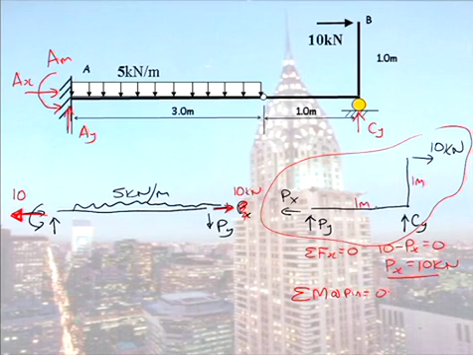So taking moments at the pin, anti-clockwise being positive, I would have minus 10 times 1 is my moment caused by my horizontal force. And my CY causes an anti-clockwise moment about the pin. So that would be plus CY times 1. And from that, CY would equal 10 kilonewton.